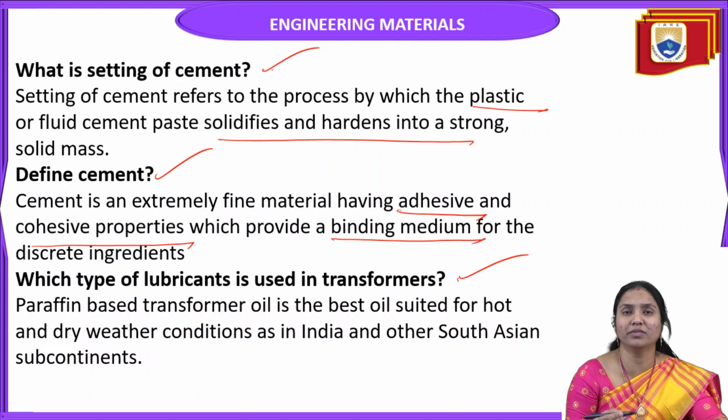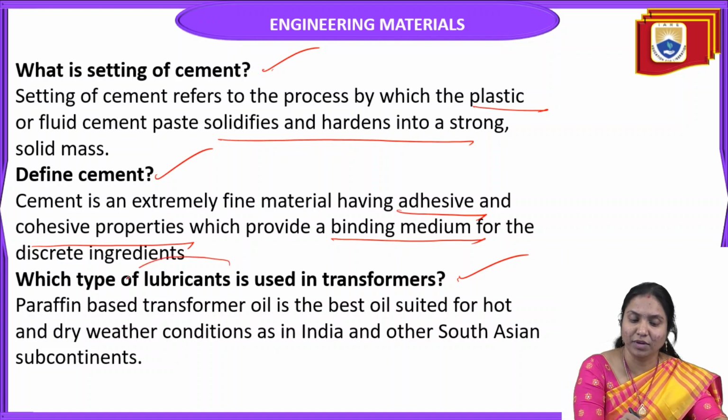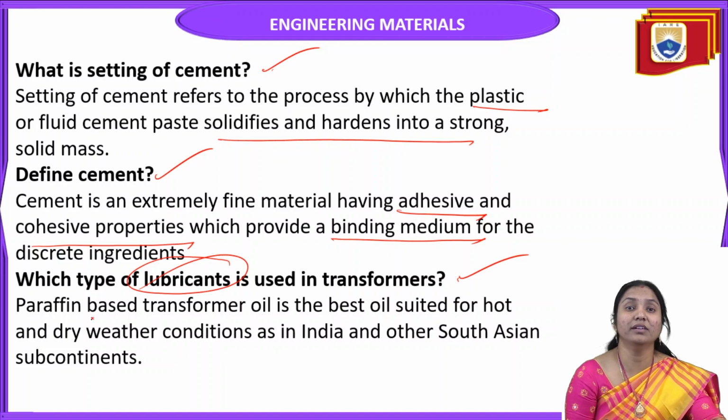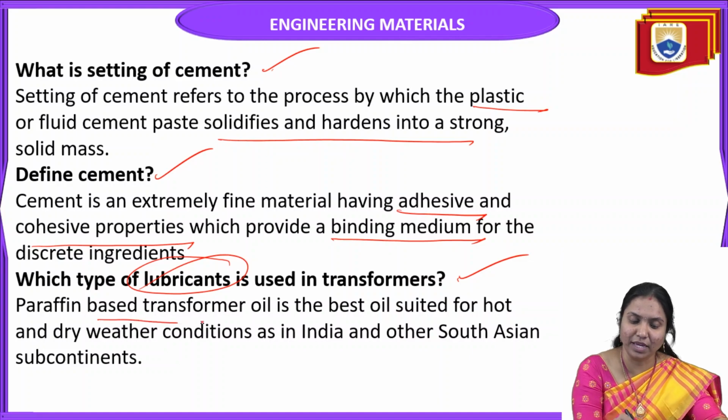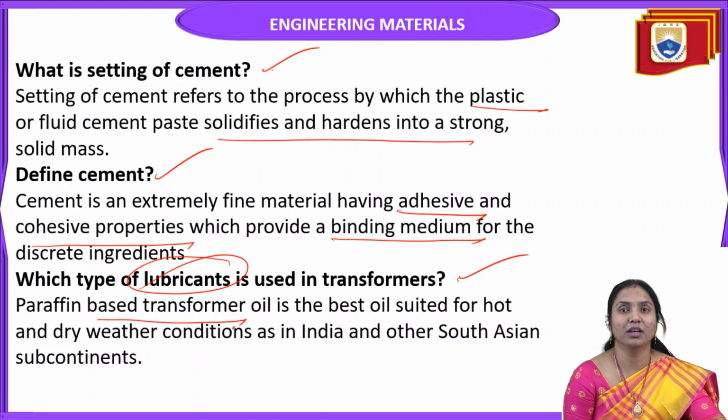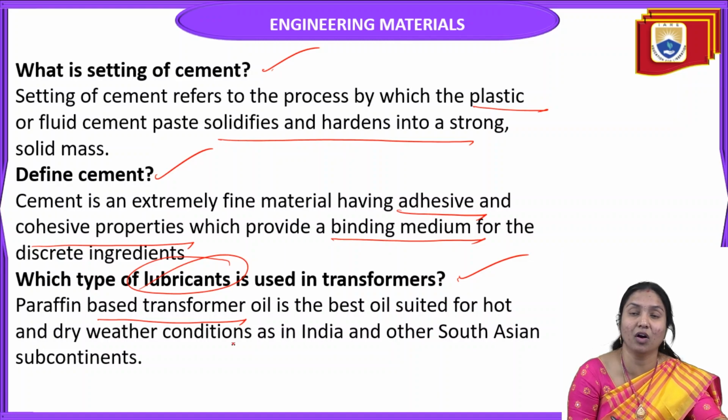Which type of lubricant is used in transformers? Generally, for what purpose do we use a lubricant? Mainly to reduce the friction. So which type of lubricant is used in transformers? Paraffin based transformer oil is the best oil suited for hot and dry weather conditions.